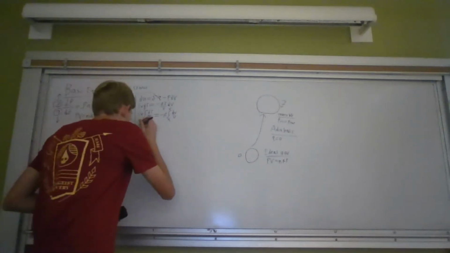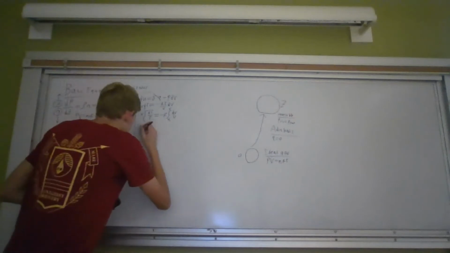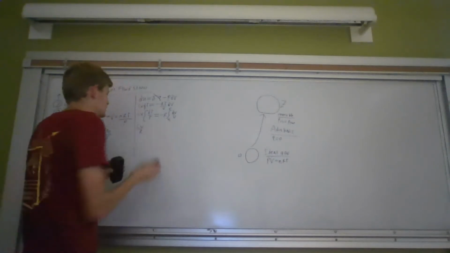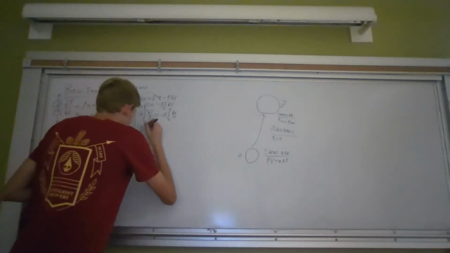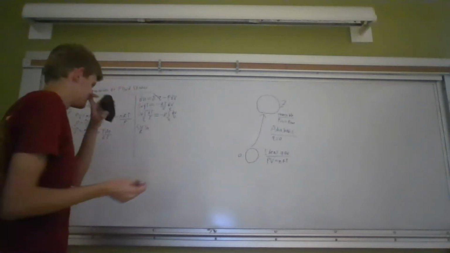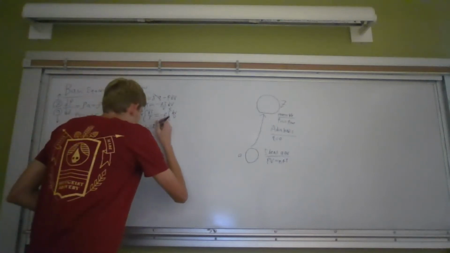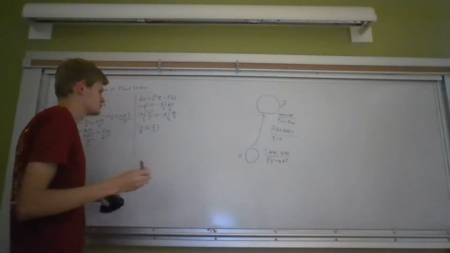So on this side of the equation, it's going to be constant volume divided by our gas constant, multiplied by our natural log of temperature over our initial temperature.